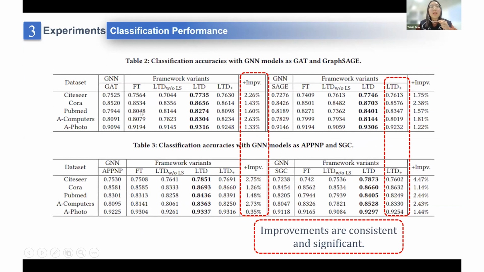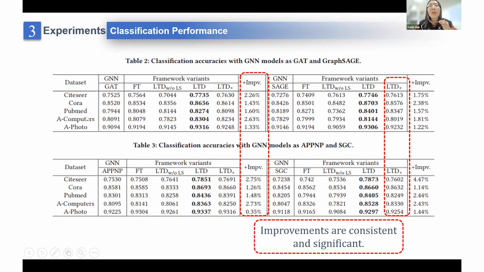Here are the experimental results. From the table, we can see that GNN students distilled by our proposed LTD can achieve constant improvements over all 5 GNN models on the 5 datasets compared with the pre-trained GNN teacher.